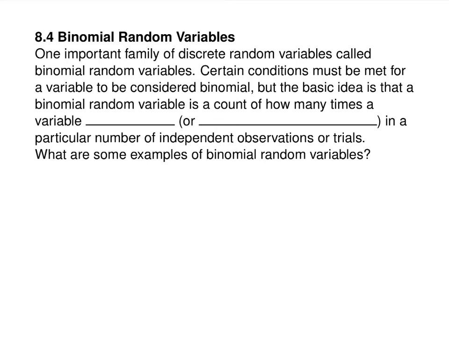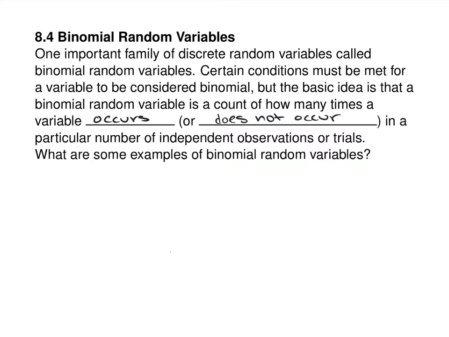So one important family of discrete random variables is called a binomial random variable. Certain conditions must be met for a variable to be considered binomial, but the basic idea is that a binomial random variable is a count of how many times a variable occurs or does not occur in a particular number of independent observations or trials.